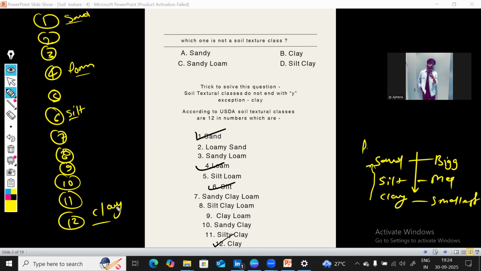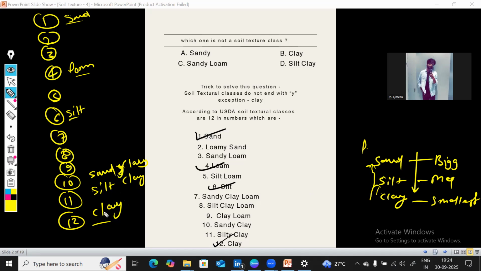So for the clay series, which soil particle will come just before clay? That is silt. So write silt here. Then this is the clay series. This particle is bigger than silt, that is sand. Then this is the clay series. Simple as that. Can you remember this? You can remember the name as well, guys, like sandy or sand, whatever it is.